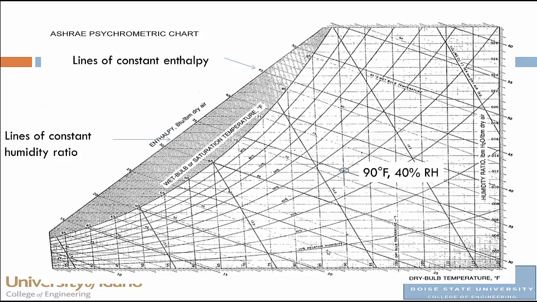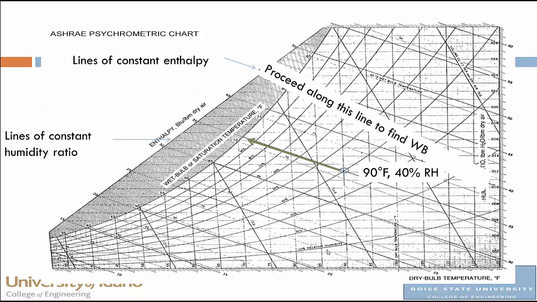So to get to the wet bulb, we take a line of constant enthalpy, right? We're not allowing heat to transfer in and out of the control volume. So there are these slanting lines that go up, and we can read the temperature off of this curved line here, and it's between 70 and 75 degrees Fahrenheit, closer to 70.